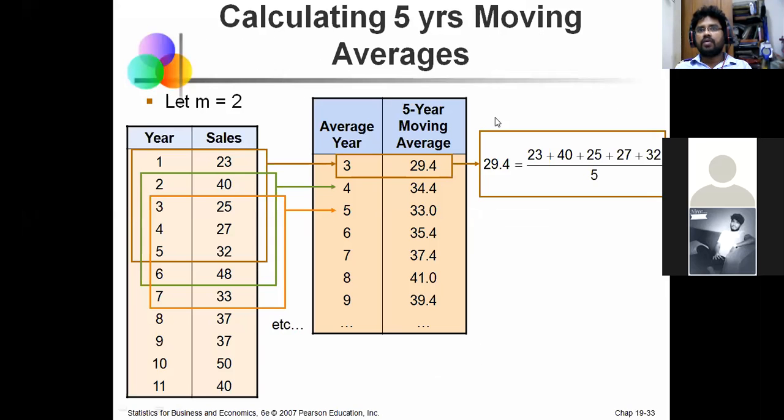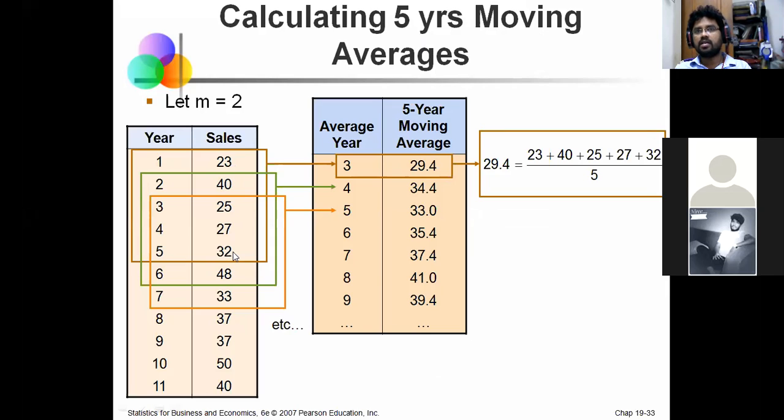See, calculating a moving average, for example, take another one, a 5 years moving average. Earlier we calculated 3 years, now 5 years. So this data, the 5 years: 23, 40, 25, 27, 32.